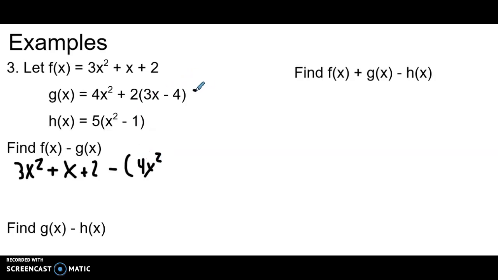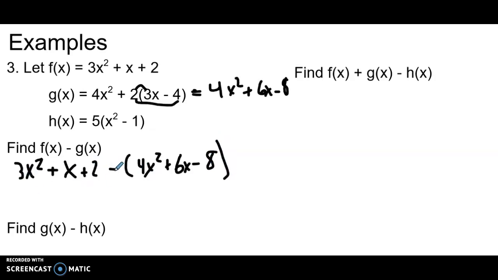And actually I'm going to go up here and do the distribution up here. So we have 4x squared plus 2 times 3x is 6x. And 2 times negative 4 is negative 8. So we'll have 4x squared plus 6x minus 8.